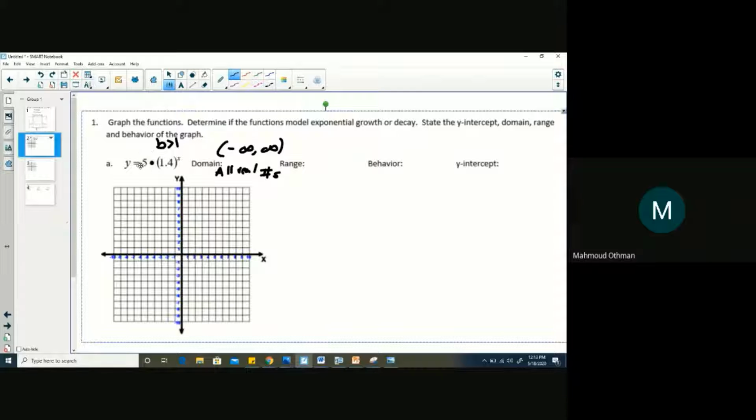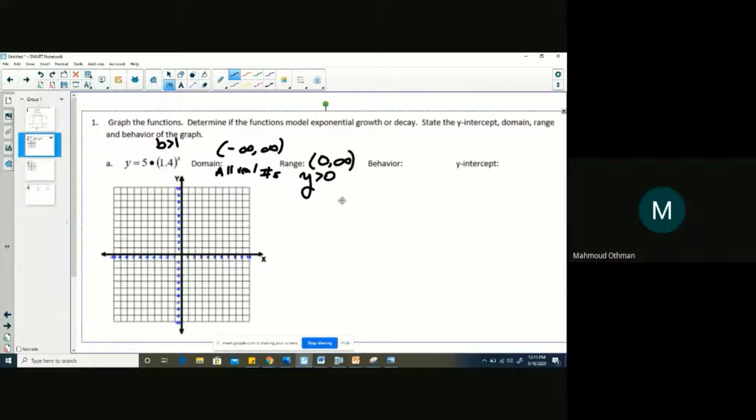And we know that the a value is positive, so it is going to go from 0 to infinity. This could also be rewritten as y is greater than 0, because the values here are bigger than 0.